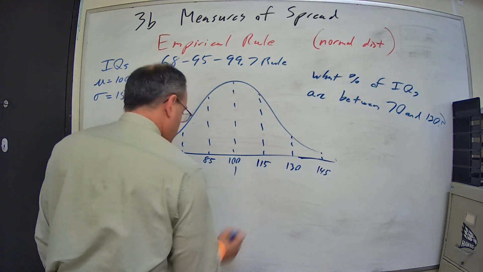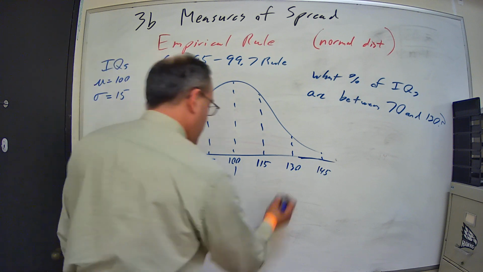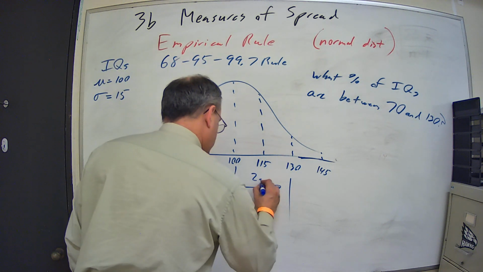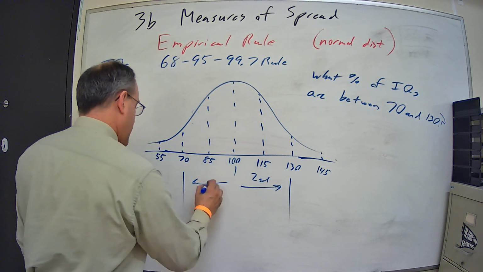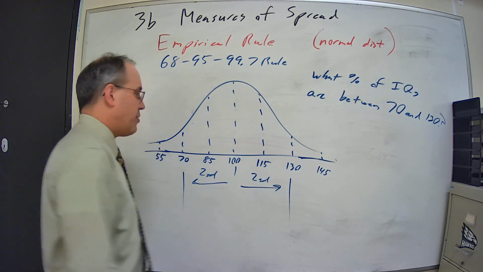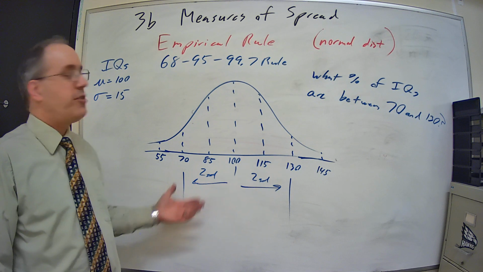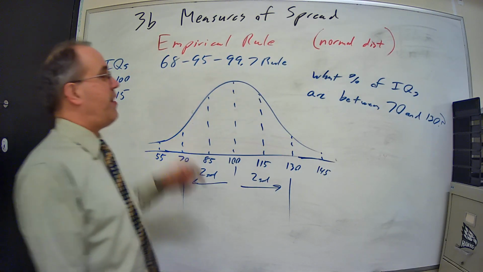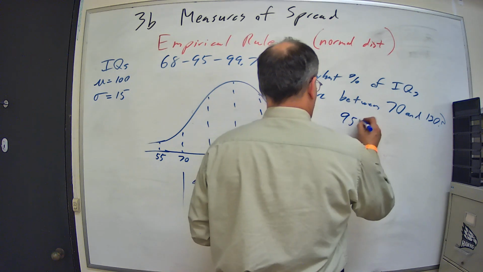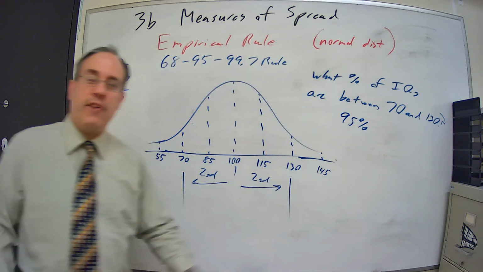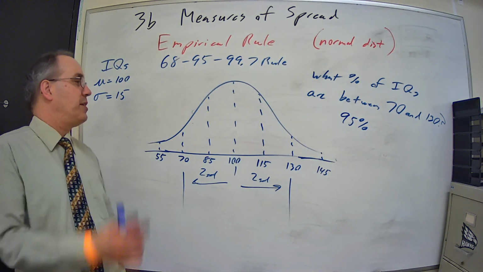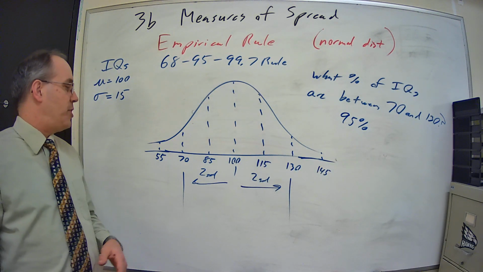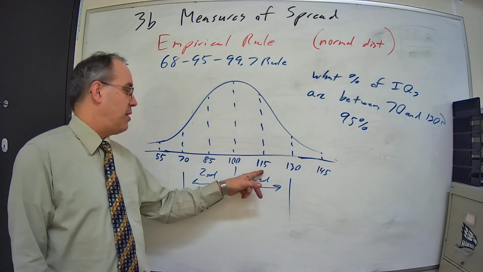I go, here's the mean, here's 70, here's 130. That's 2 standard deviations to the one side, 2 standard deviations to the other side. So within 2 standard deviations of the mean, the empirical rule tells us 95%. So 95% of IQs are between 70 and 130. What percentage of IQs are between 85 and 115?